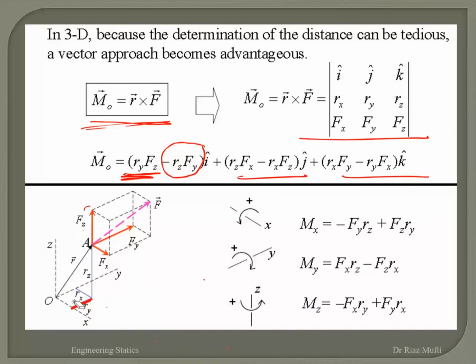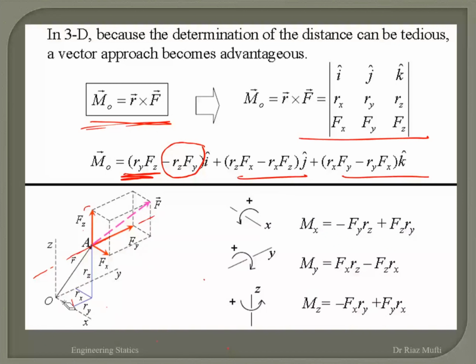So that is Fy. Where is Fy? This one is Fy. So I have my force line here, and its perpendicular distance from my x-axis, which is given here. That's my Rz. Let me make it more clear.